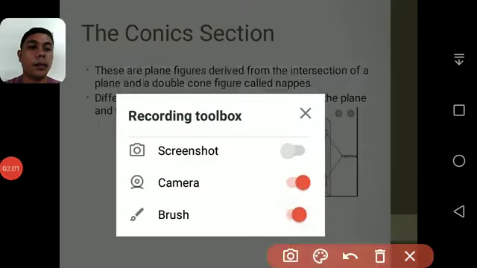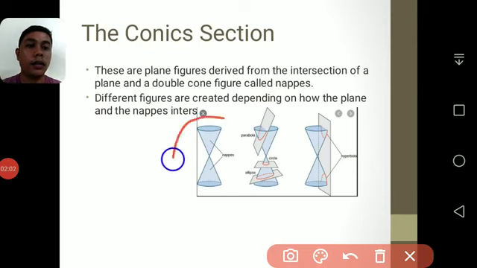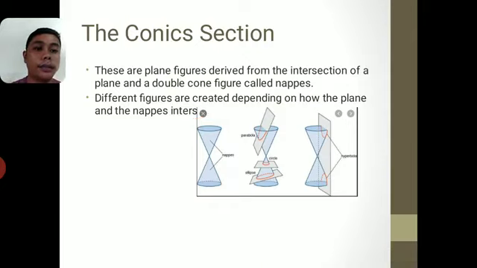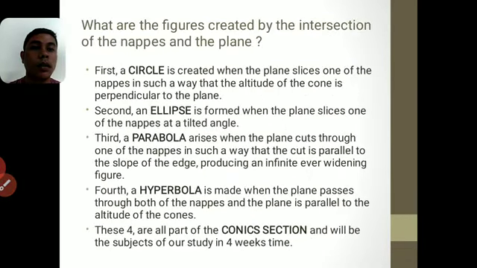There's the naps. Okay. And when a plane intersects the naps, different figures are formed. So, what are the figures created by the intersection of the naps and the plane?